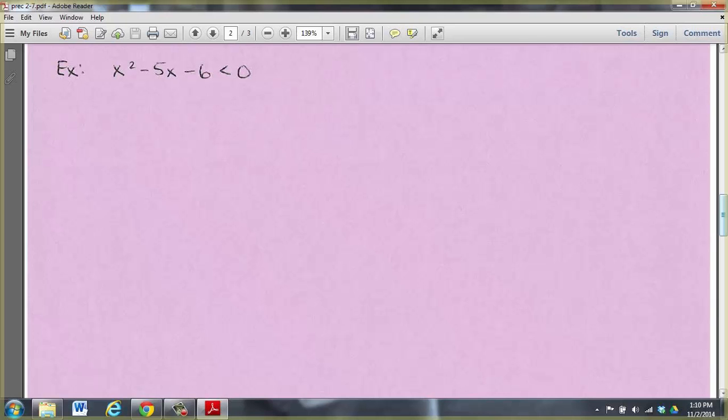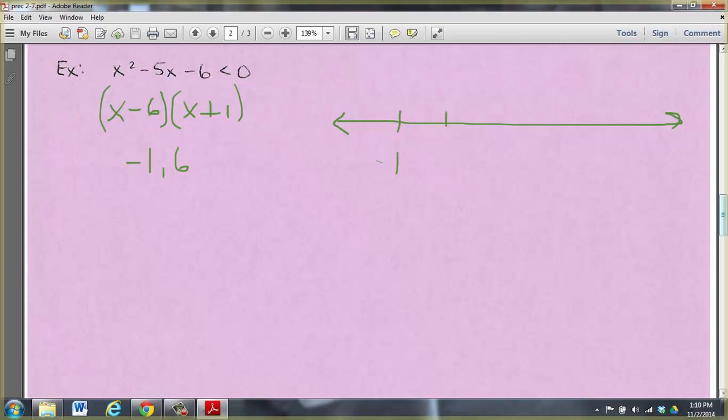Okay, maybe not. Alright, this factors out to x minus 6, x plus 1. So our critical numbers are -1 and 6. So I'll draw myself a little number line here. There's -1. 6 is way out there.